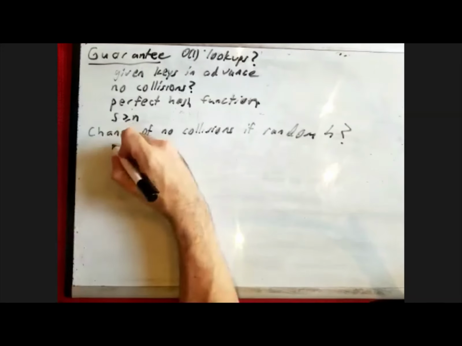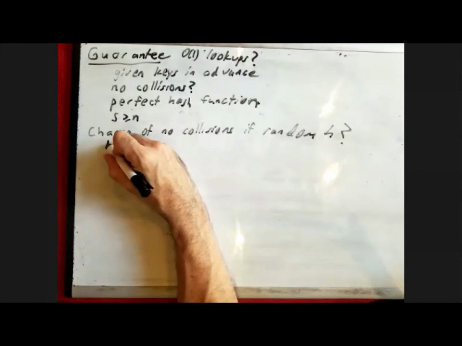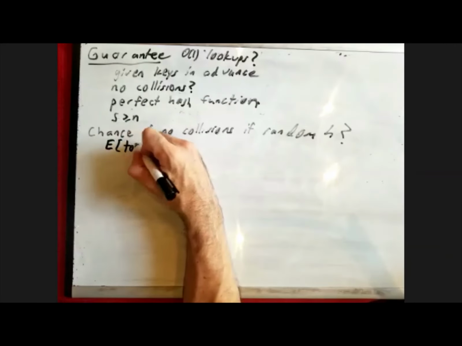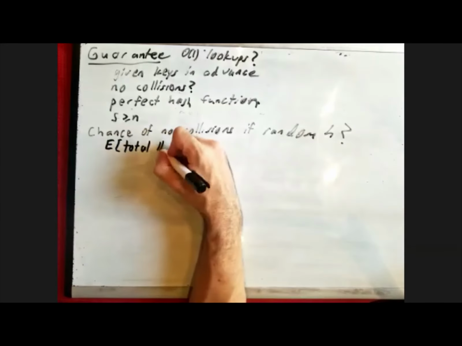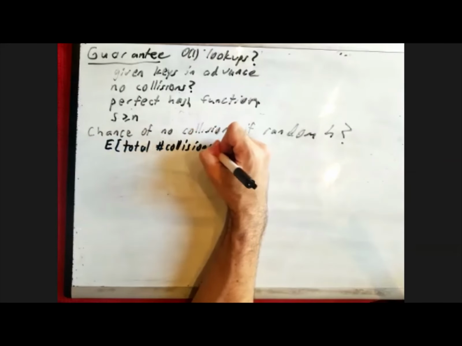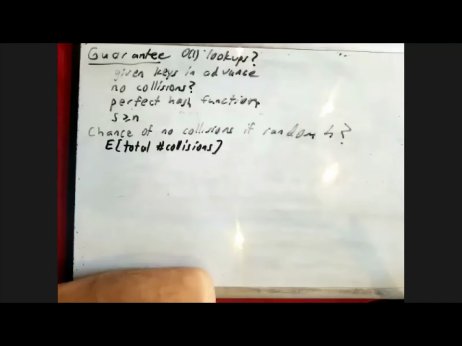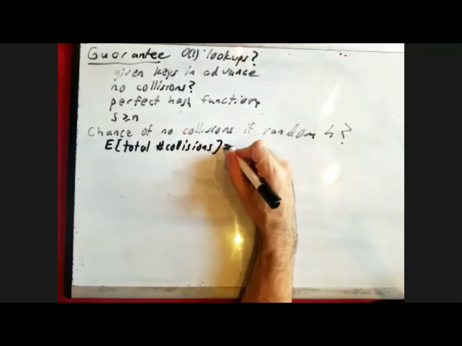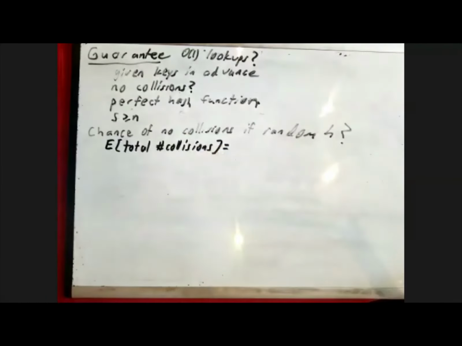So I'm going to creep up on this in a standard way. Why don't I ask about the expected total number of collisions? Can anybody who remembers last lecture give me a formula for this expectation in terms of the indicator variables that we worked with last time?